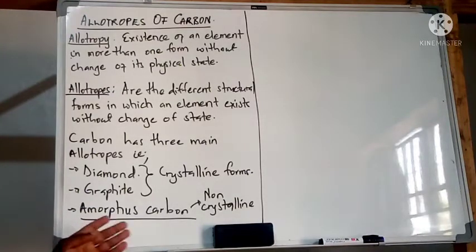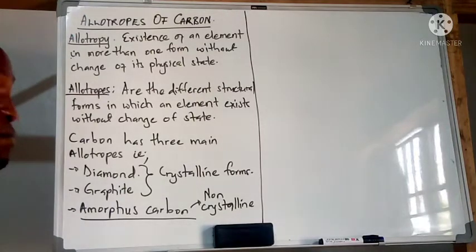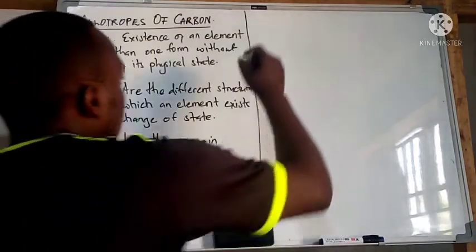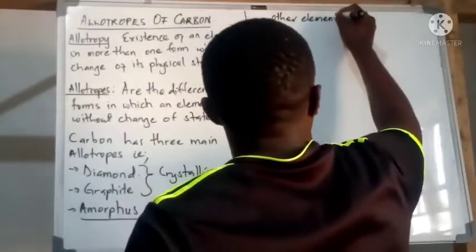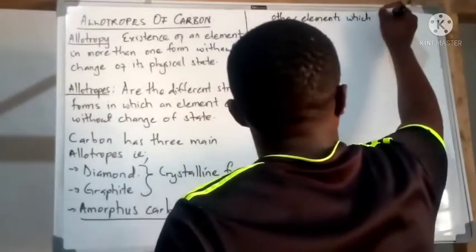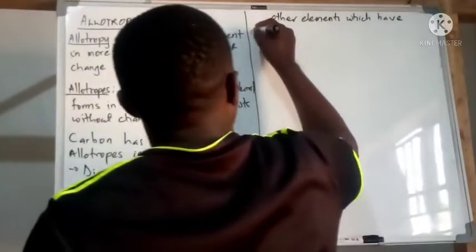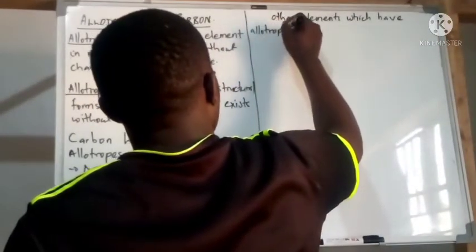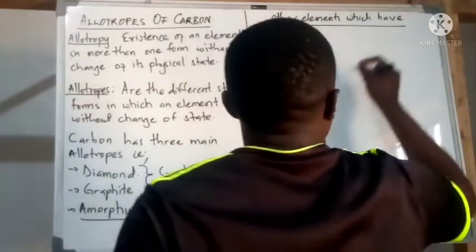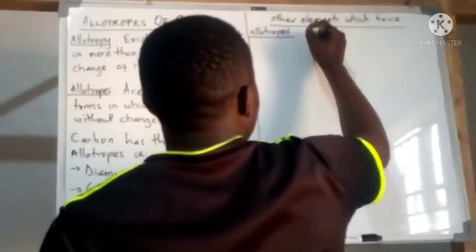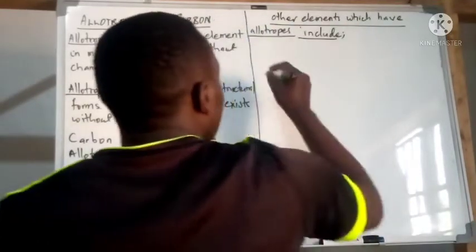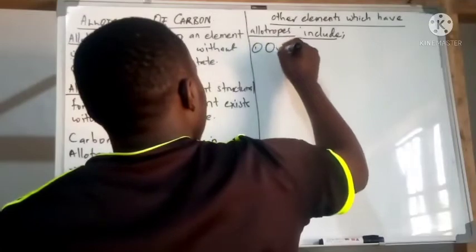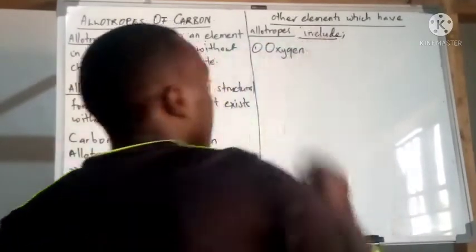However, before I proceed, there are other elements that show allotropes. So I would like us to summarize other elements which have allotropes. Among them include, one, oxygen.